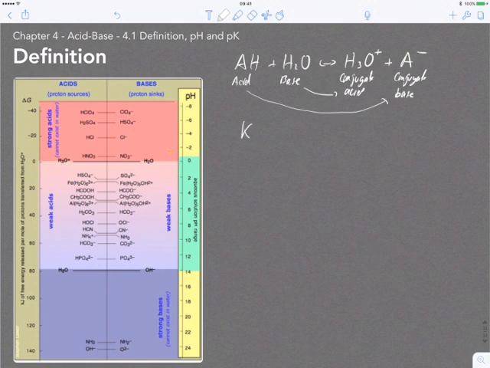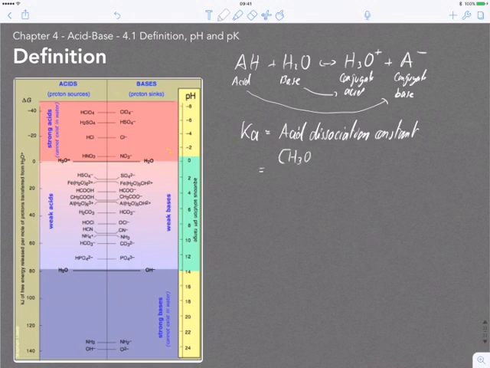So we know that the Ka, which is equal to the acid dissociation constant, equals the concentration of H3O+ times the concentration of A- divided by the concentration of AH.